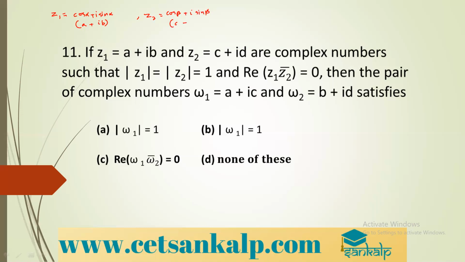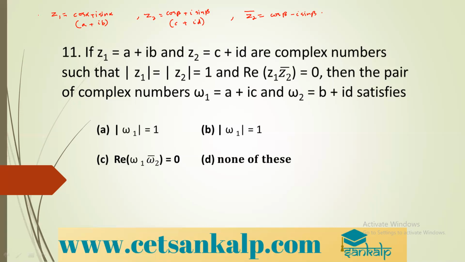That means this is c plus id. So from this, I can write what is z2 bar. Z2 conjugate will be cos beta minus i sin beta.